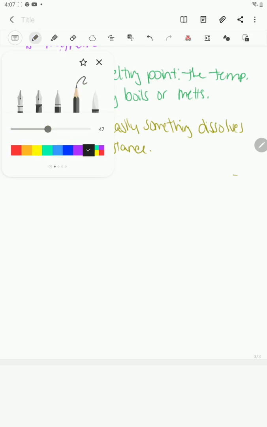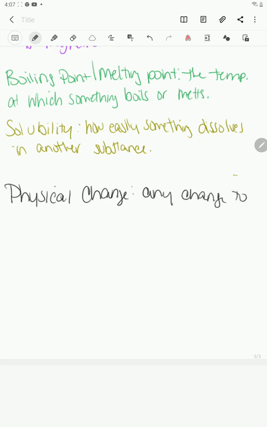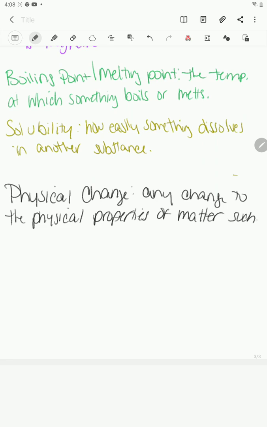So when we're talking about these things, we can say that a physical change is any change to the physical properties of matter, such as its size, shape, or state.